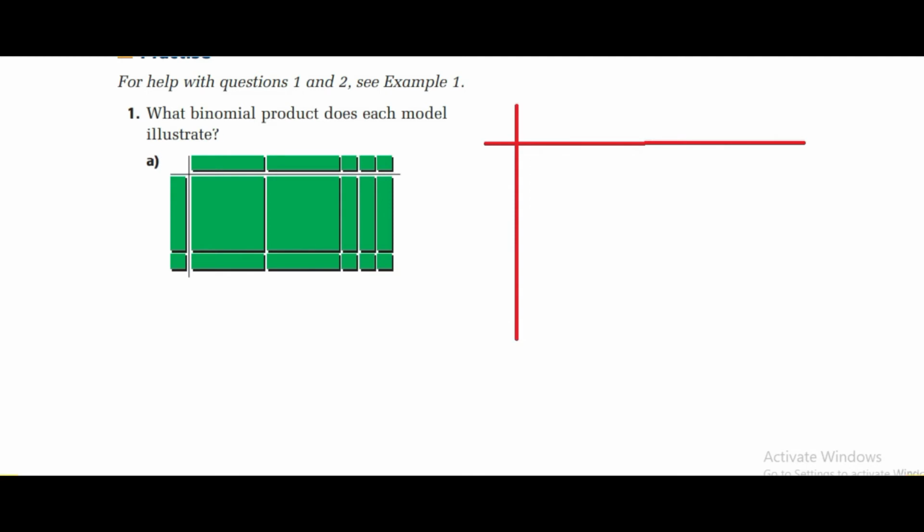Now firstly you have the first rectangle, the second rectangle, and then the 3 tiny squares: the first square, the second square, and the third square.